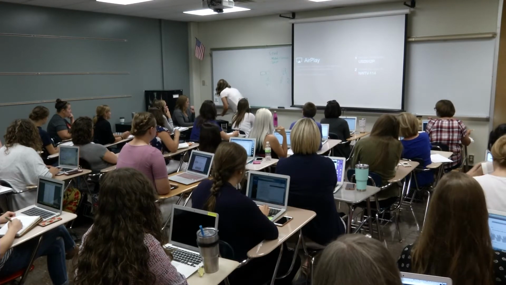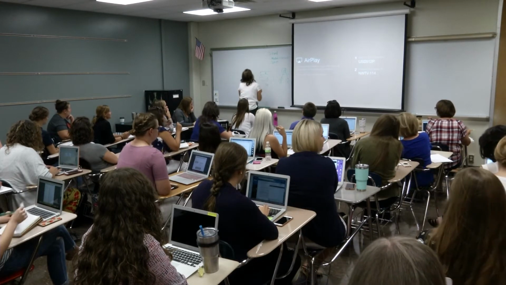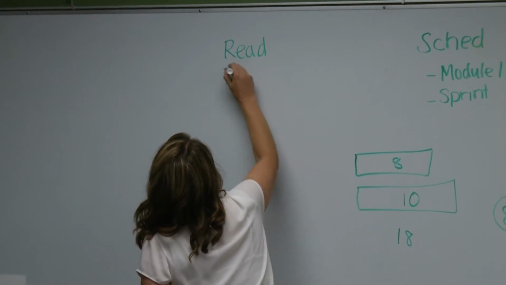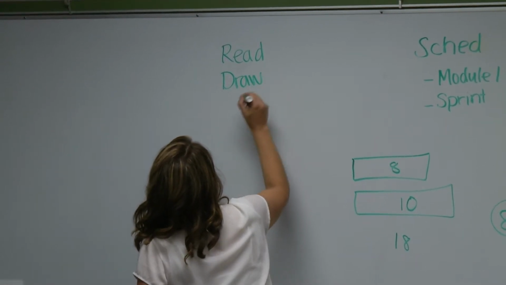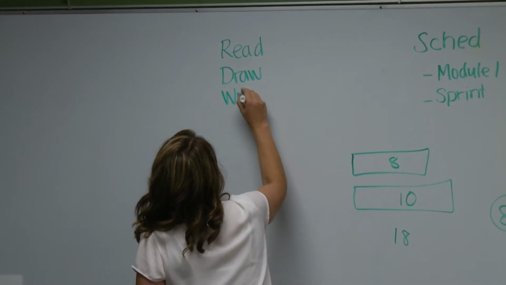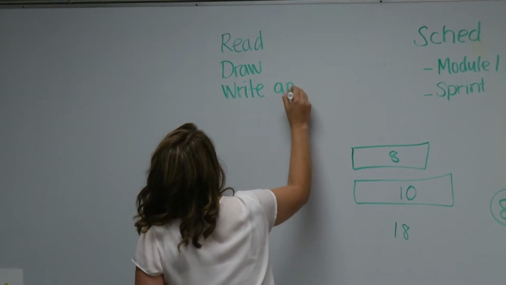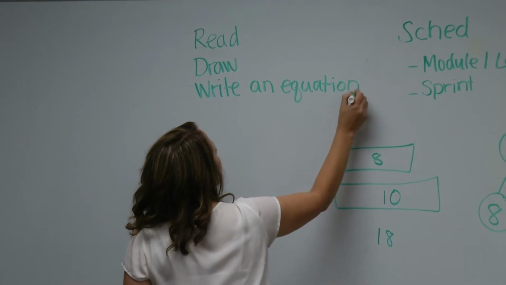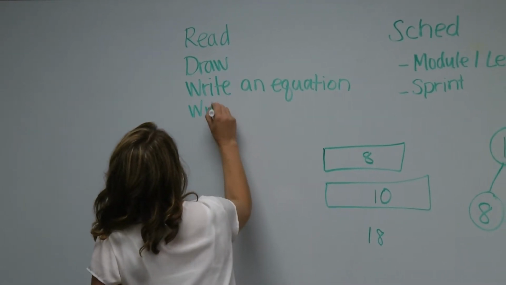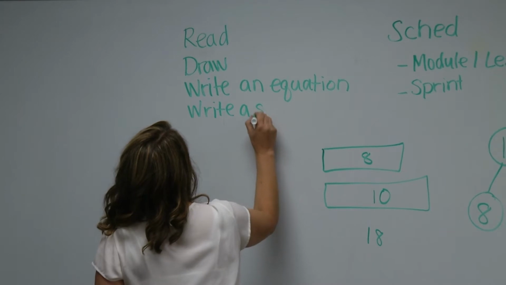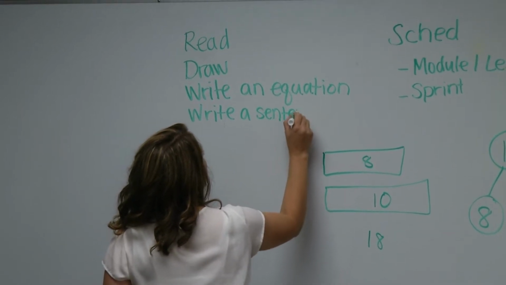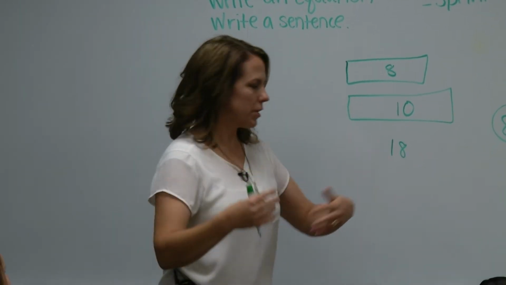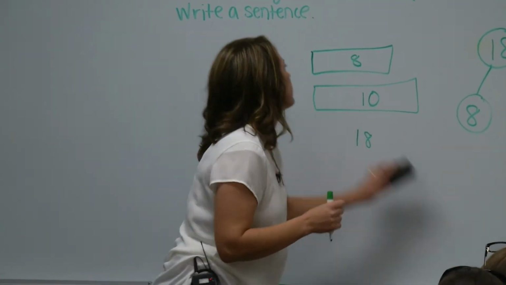When we're thinking about this problem, we are going to read the problem, draw a picture, write an equation or a number sentence, and then write a sentence. We're going to pretend you know this routine, but I'll show you what that looks like with the first problem.